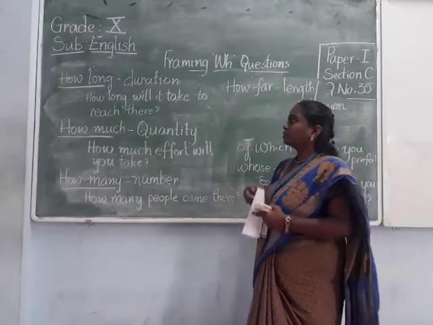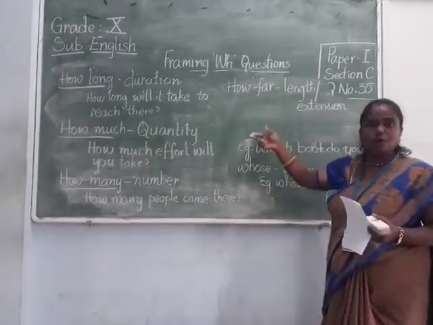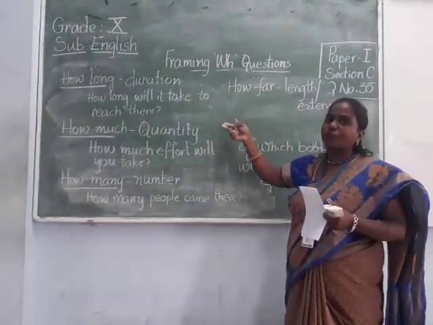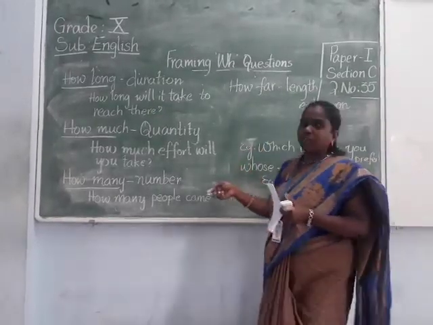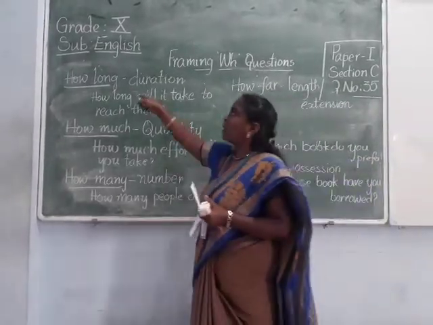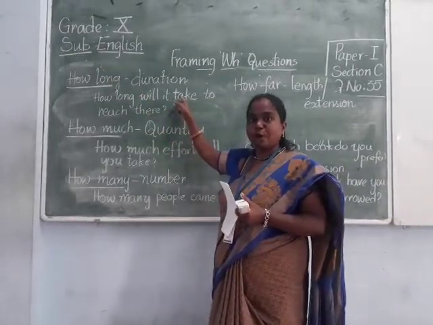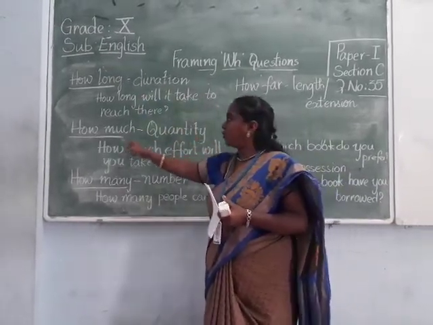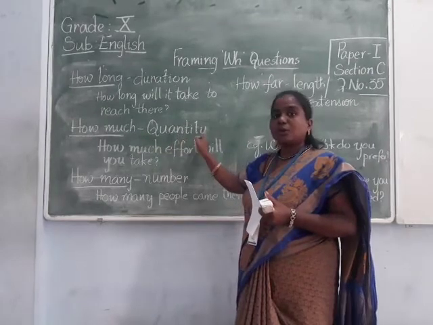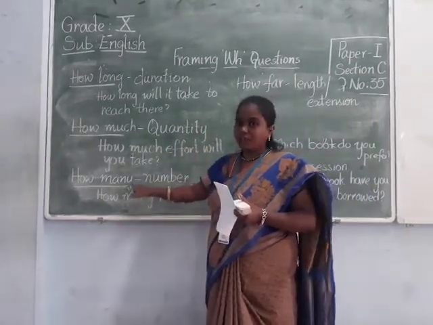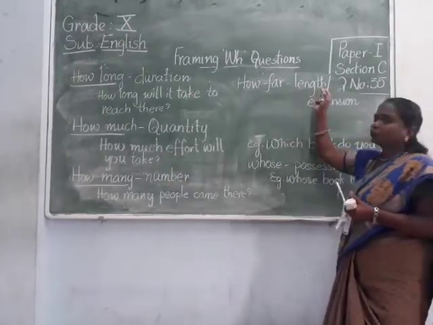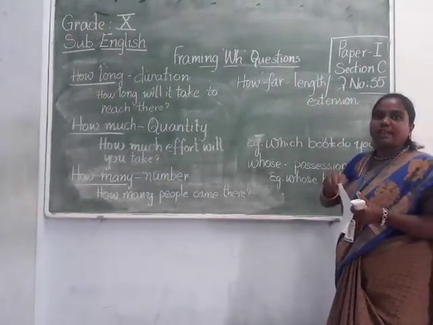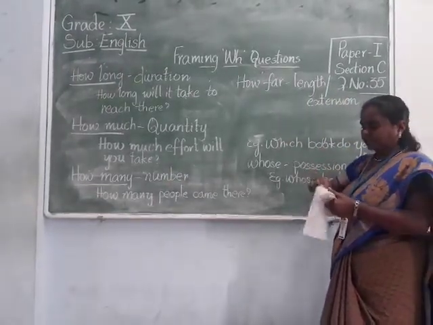So like this, we can use how along with adjectives or adverbs to know some more information. Let us recap it. How long is used to know about duration. How much is used to know about quantity. How many is used to know about number. How far is used to know about length or extension or distance.